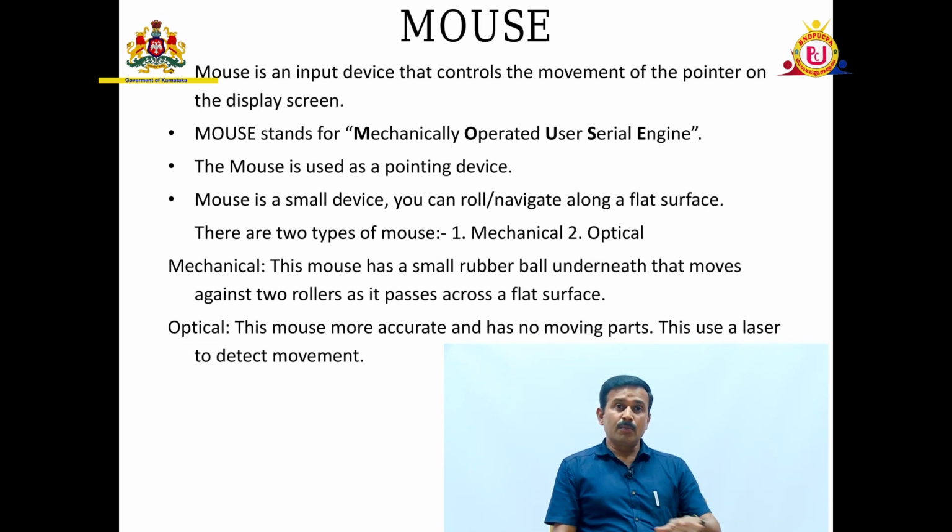Once we move the mouse on the surface, automatically the same direction and movement will be carried on the monitor screen. Using this pointer device, we can easily point out the options. That's why it is called a pointing device.